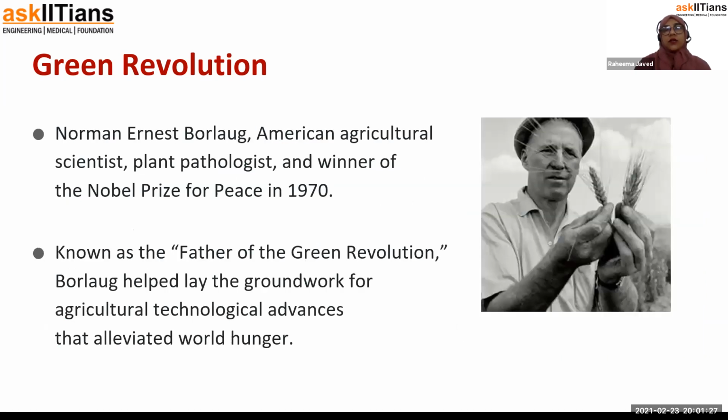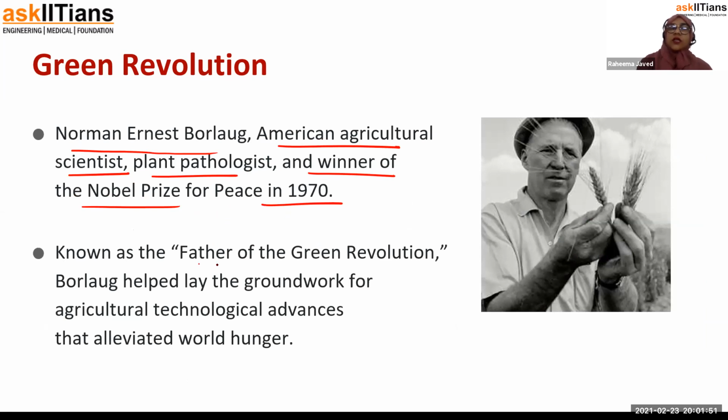So you must also recognize this great personality. He is Norman Ernest Borlaug, American agricultural scientist, plant pathologist, and a winner of the Nobel Prize for peace in 1970. He is known as the father of the Green Revolution.